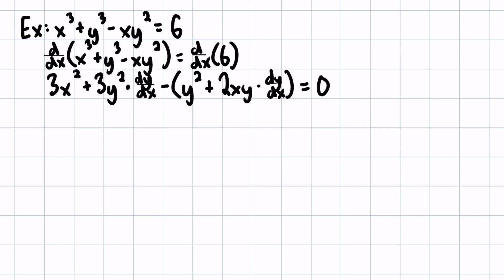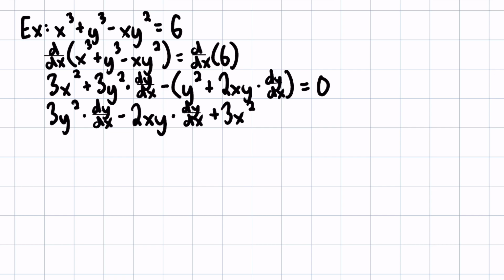Now, we need to rearrange this to get the dy/dx's together so that we can factor them out. And I'm going to move everything else over to the other side. So we have a 3y squared times dy/dx, and then minus 2xy times dy/dx, plus 3x squared minus y squared equals 0.